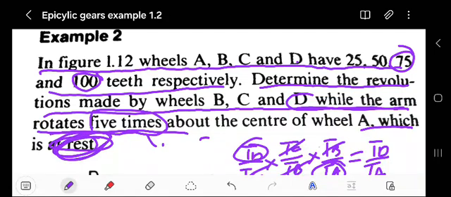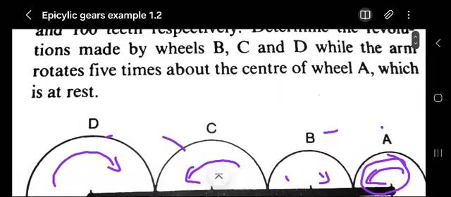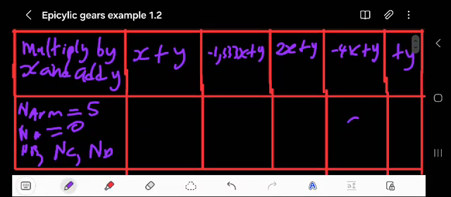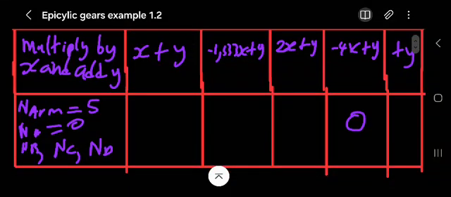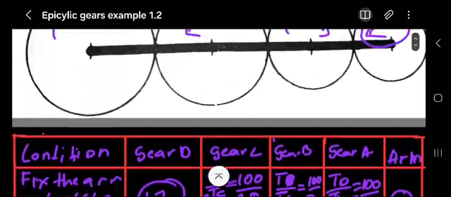A is at rest, that means it's 0. So we have 0 here at A. But the arm has 5 revolutions. So here we don't know anything so far.